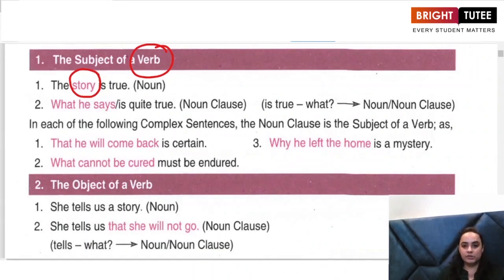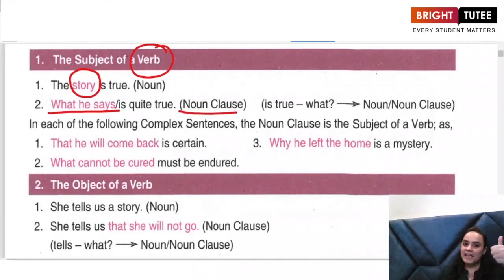Again, ask the question, what is true? Now in the second sentence, what is the answer that you are getting? What he says. Rather than getting the answer in the form of just one word, here you are getting the answer in the form of a clause, that too a subordinate clause. So this is a noun clause.